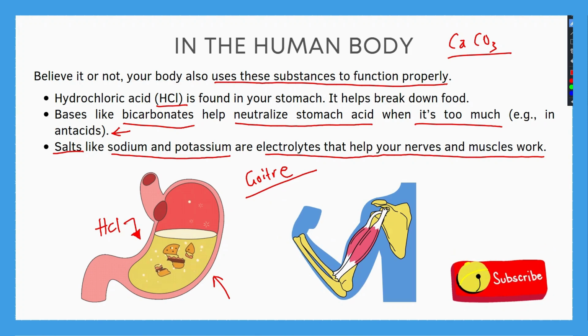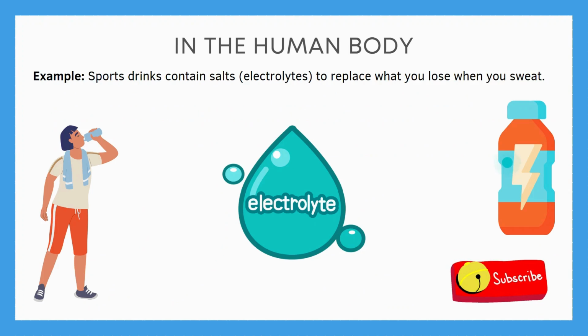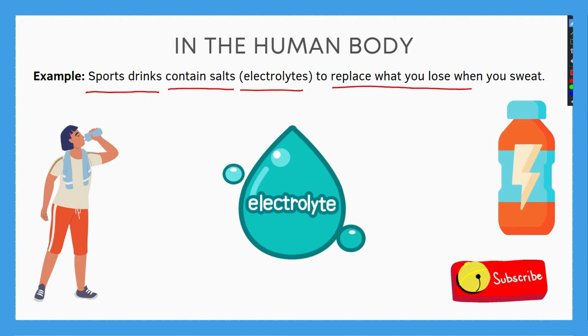So these things have not just functions in the chemistry laboratory, they have a lot to do with our daily lives. In the human body, you can see an example here. Sports drinks, or drinks that have been made for sportsmen, contain salts and electrolytes that replace what you lose when you sweat.